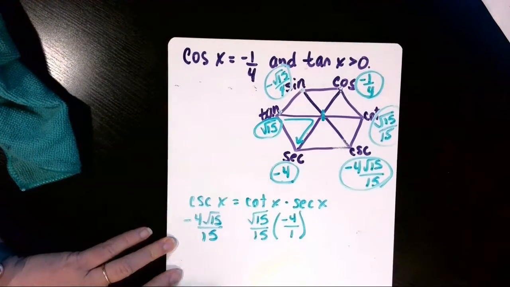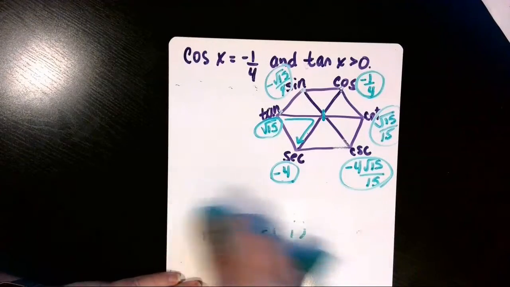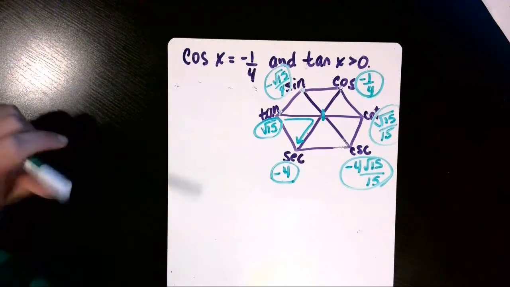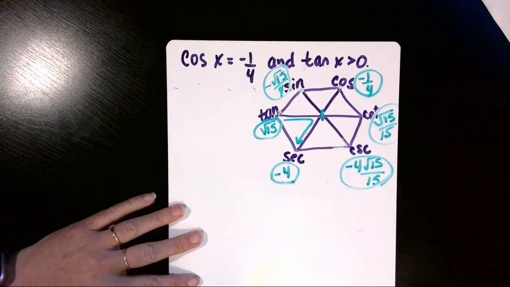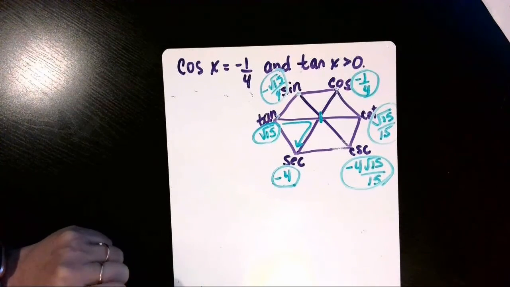And that would be my answer to all of the remaining trig values when we're given just the cosine of x equals negative 1/4 and the positive tangent. Hope that helps.